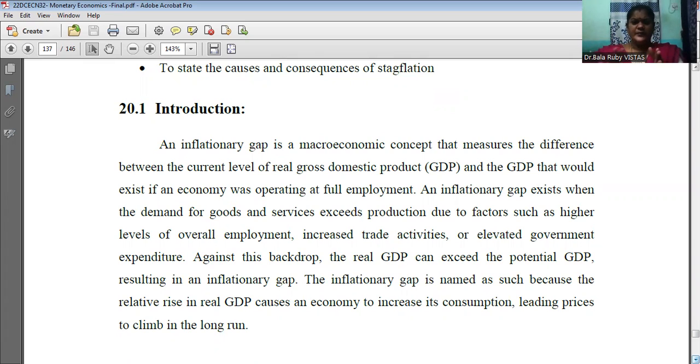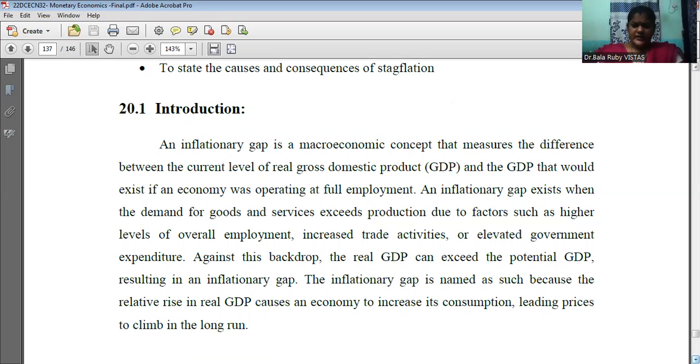An inflationary gap exists when the demand for goods and services exceeds production due to factors such as higher levels of overall employment, increased trade activities, or elevated government expenditure. Against this backdrop, the real GDP can exceed the potential GDP, resulting in an inflationary gap.